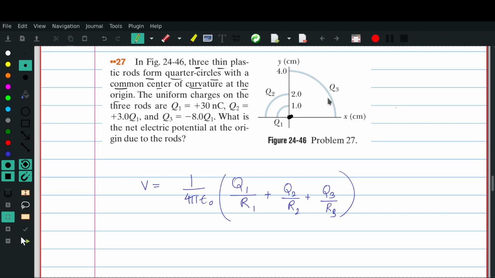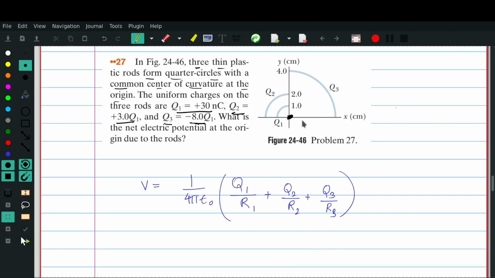The charge distribution on all of these plastic rods is given. Q1 is 30 nanocoulomb, Q2 is 3 times Q1, and Q3 is minus 8 times Q1. The easiest thing about working with potentials is you can just add them up. You don't have to think about directions, because these are just scalars.